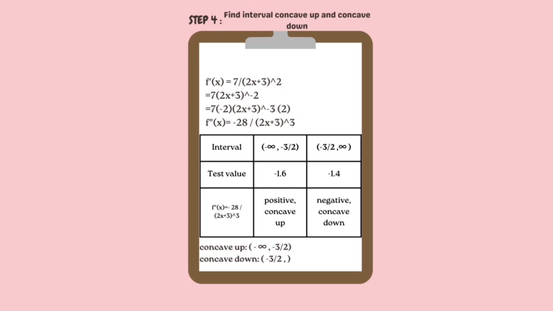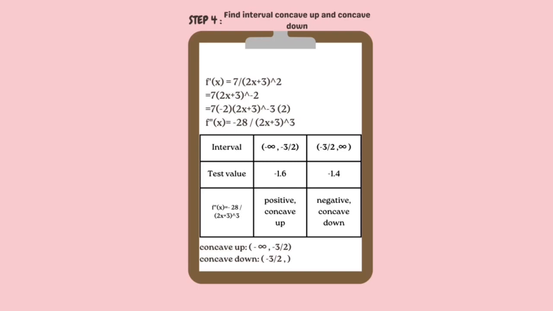Then the power must be -3. Then we need to differentiate the bracket, so we get 2 and multiply 2 with 7 and -2 that we brought in front just now. At last, we will get f double prime x equal to -28 divided by (2x plus 3) to the power of 3.